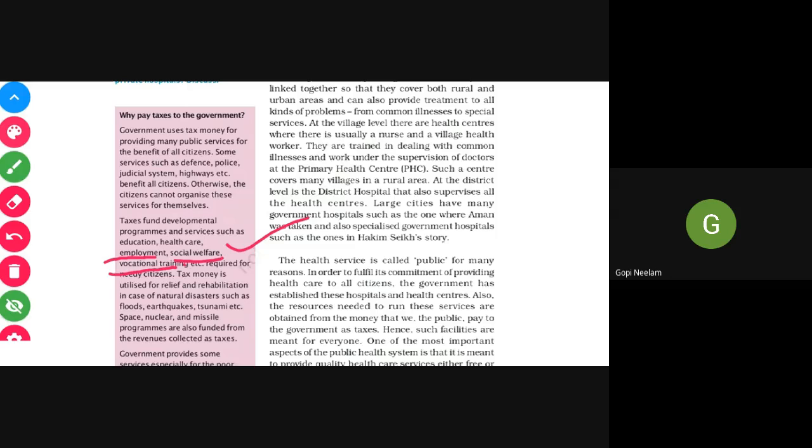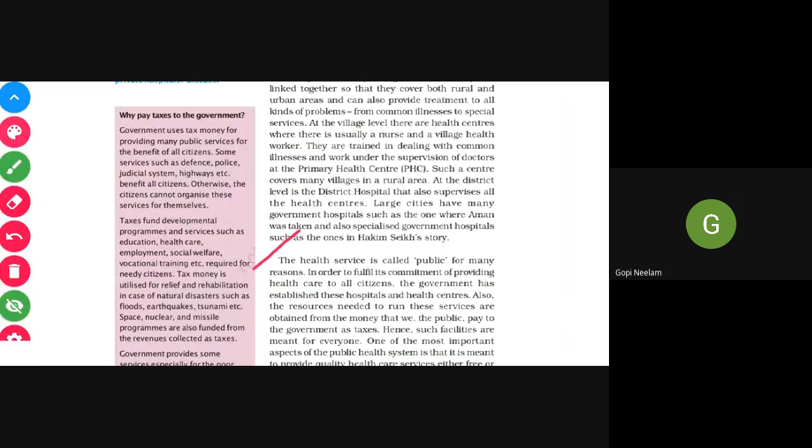With the enhanced skill they can go and get a job. Simply, enhancing the professional skills of the people, as required for needy citizens. These are the things the government provides through the taxation fund for the needy people.